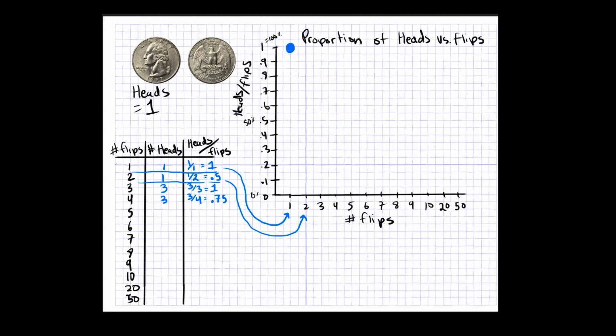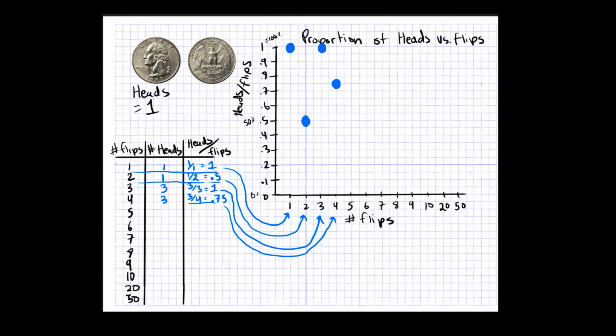And we find 0.5. Let's put 0.5 there. And for 3, we got 1 again, so we mark that up here at 1. And then for 4, we got 0.75. So we're going to put that mark right about here.